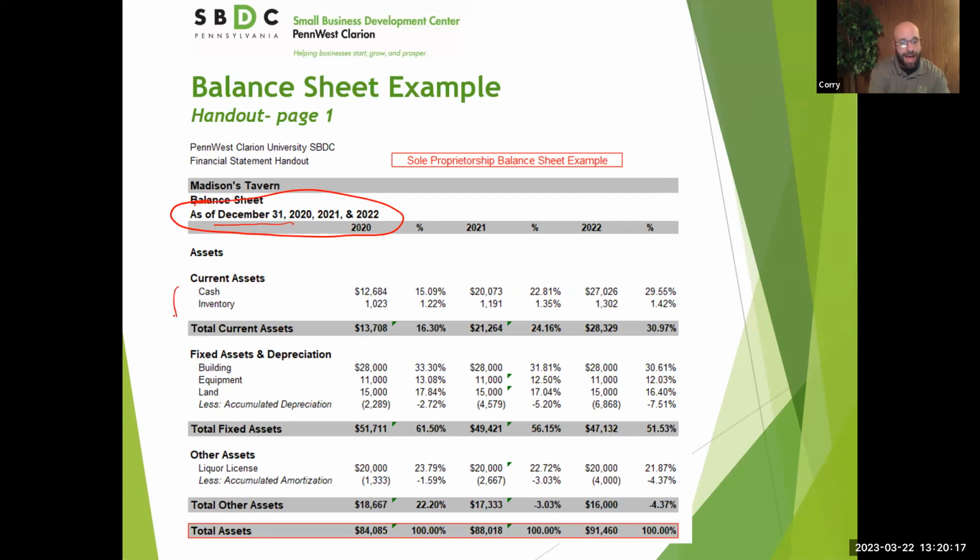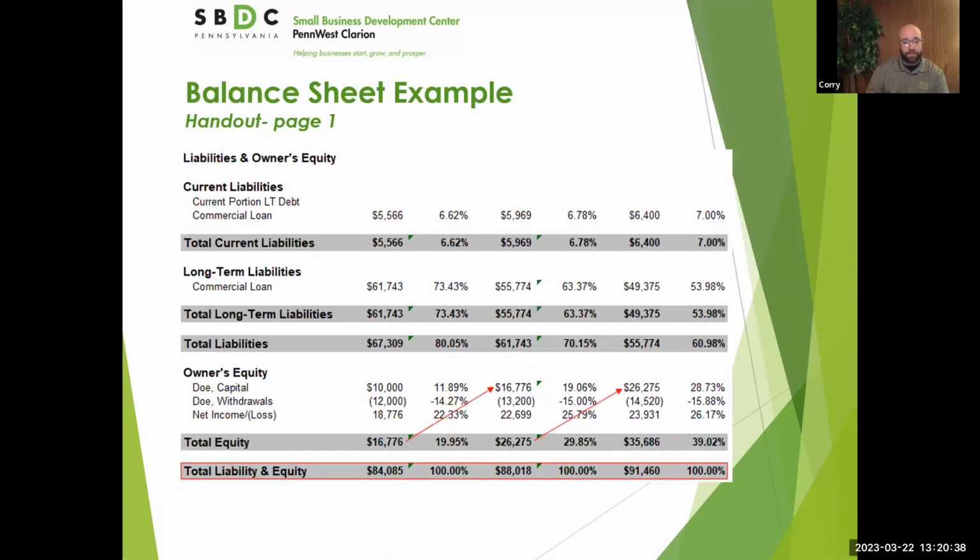Now we're going to look at each of these accounts shortly, but right now, just kind of getting an overview. Notice that the total assets, the gray areas, total current assets, total fixed assets, total other assets will add up to the 84,085. Then when I go to this next slide, you'll notice down here there's 84,085.